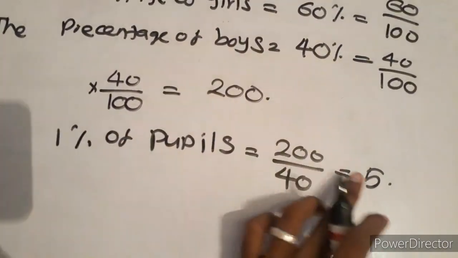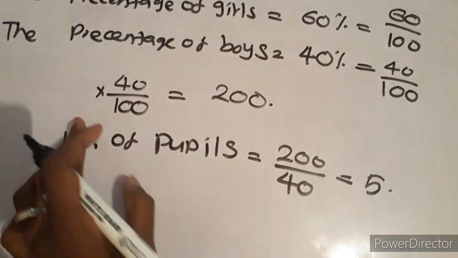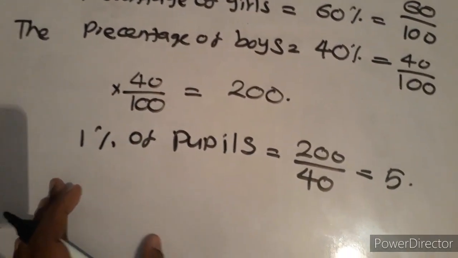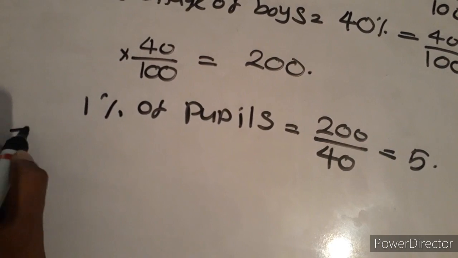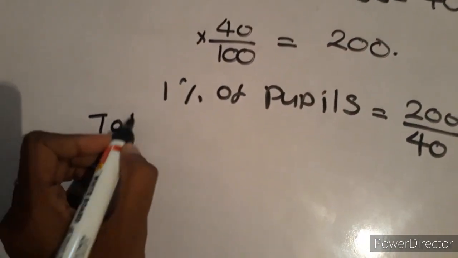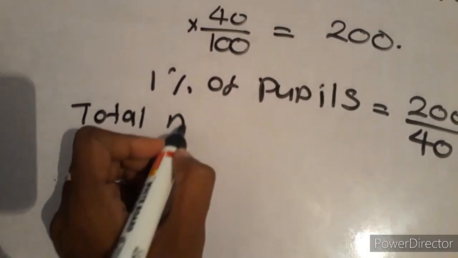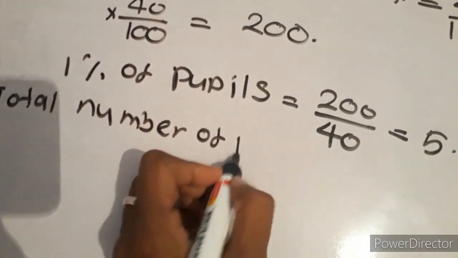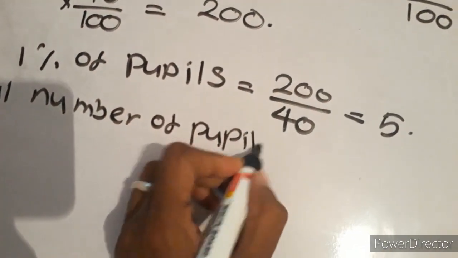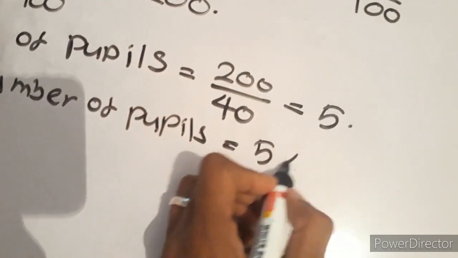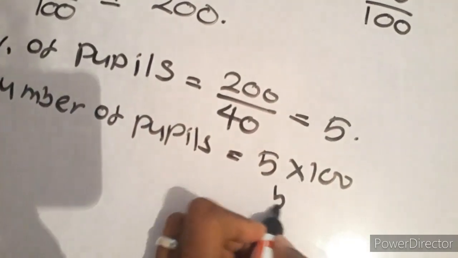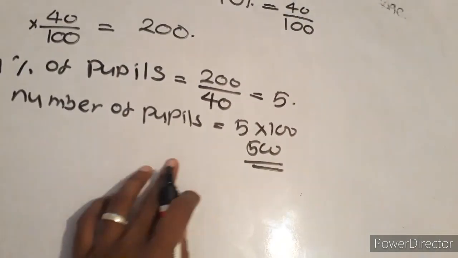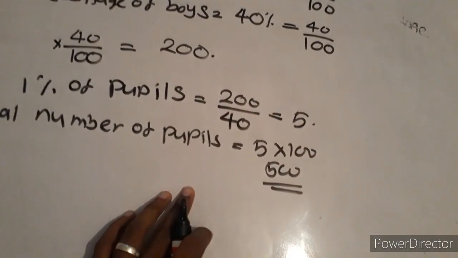Then 1% of pupils is 5. Then we have to multiply by 100. Then we can get the total number of pupils. So total number of pupils equals 5 multiplied by 100. It is 500. So there are 500 students in the school.